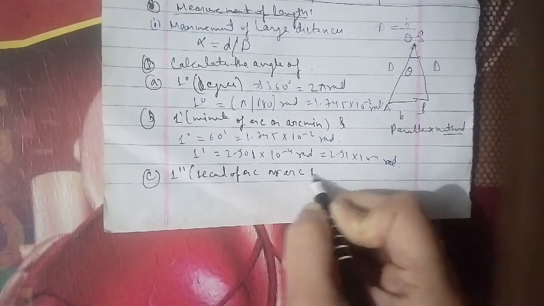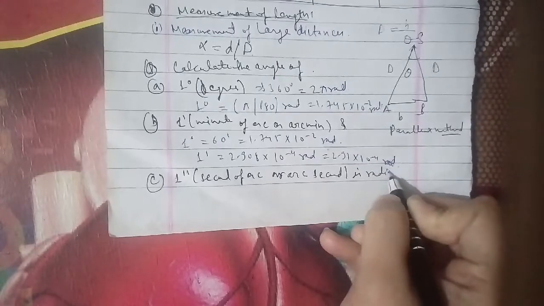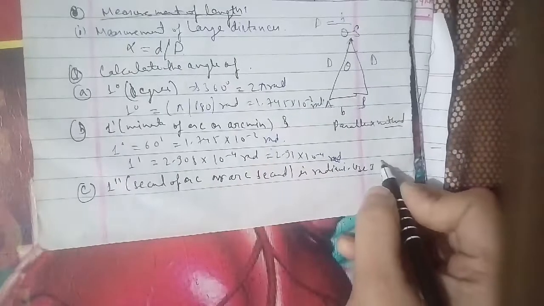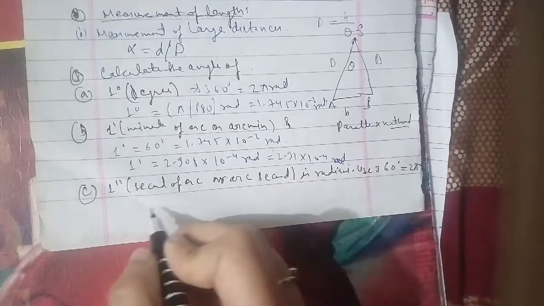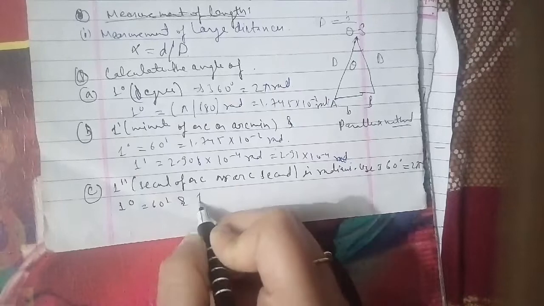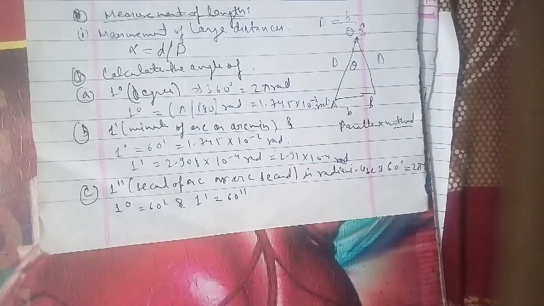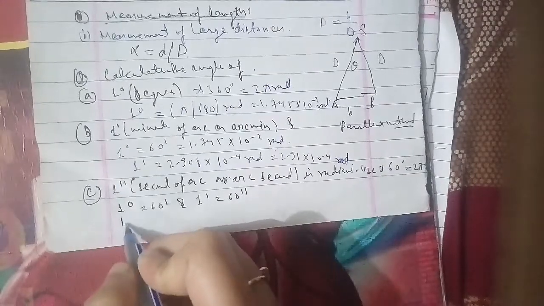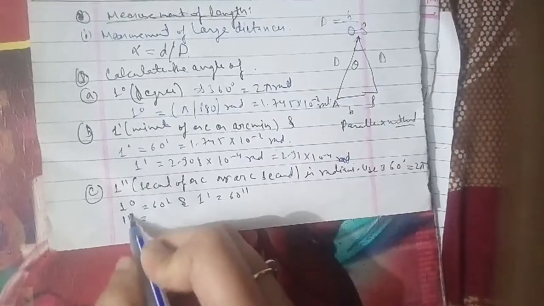So for the same, 1 minute equals 60 seconds equals 2.908 into 10 to the power minus 4 radian, and 1 second equals 4.847 into 10 to the power minus 6 radian, which is approximately 4.85 into 10 to the power minus 6 radian.